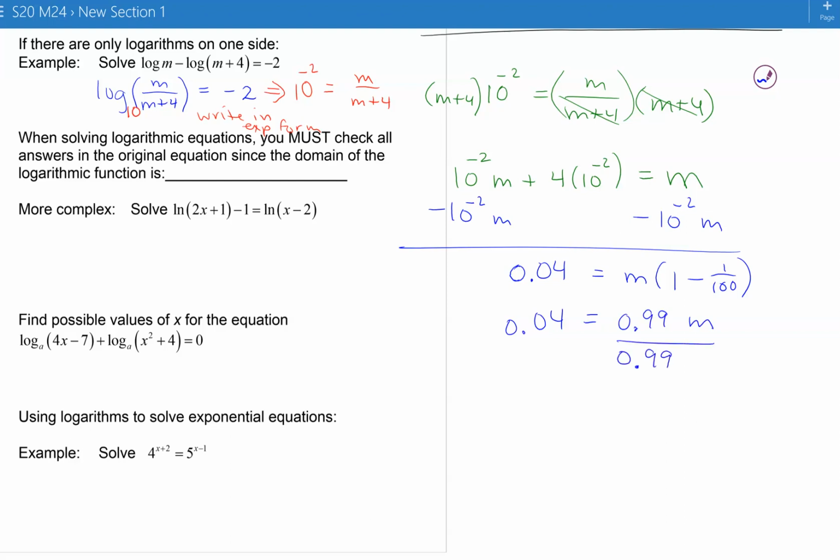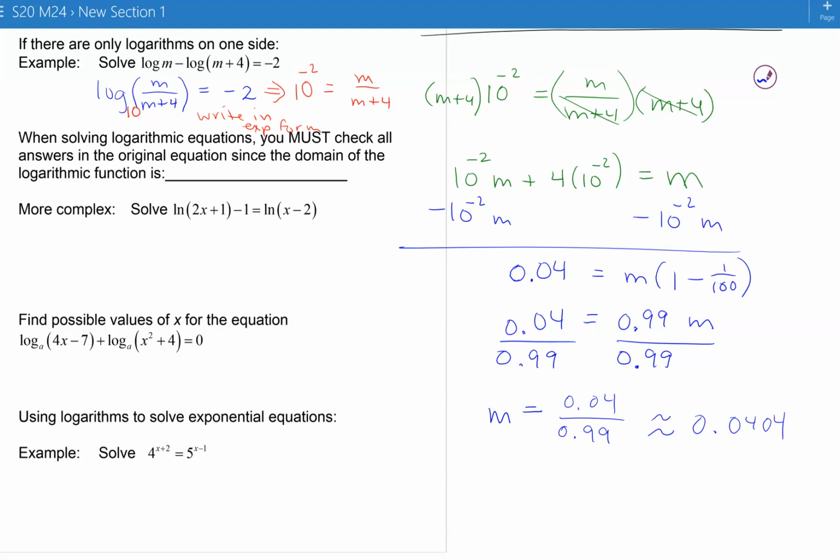So divide both sides by 0.99. And this is an exact answer. And then the approximate answer is 0.0404, and you'll see it's a repeating decimal.